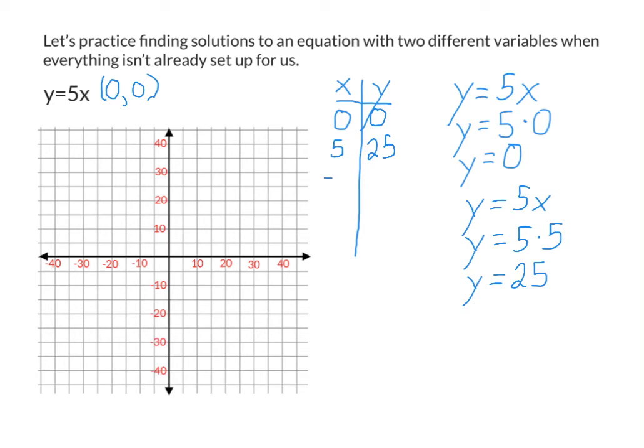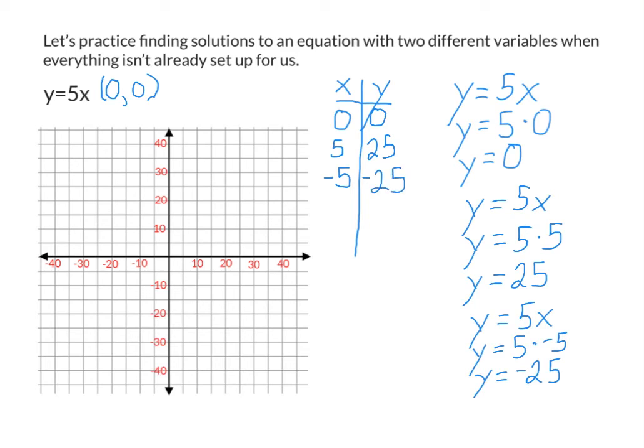Now I'm going to try a negative 5 for x so that I don't get a very large number here. My original equation says y is equal to 5x. Substitute negative 5 for x, y is now equal to 5 times negative 5. And y is then equal to negative 25. So when x is negative 5, y is equal to negative 25.